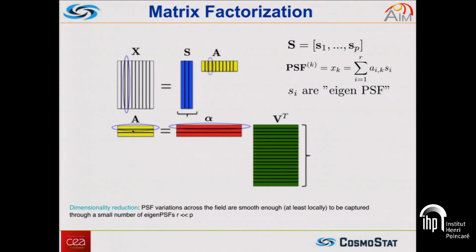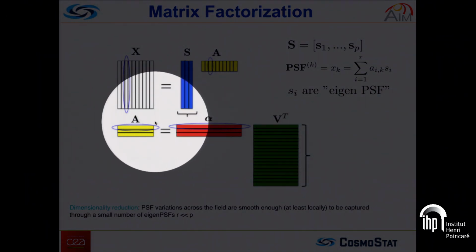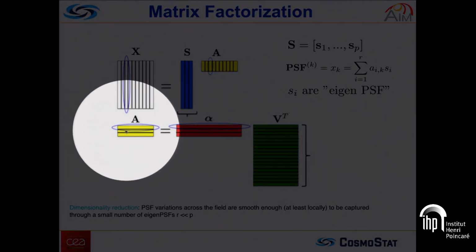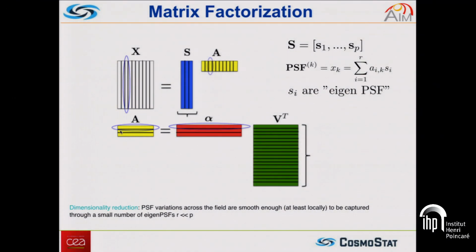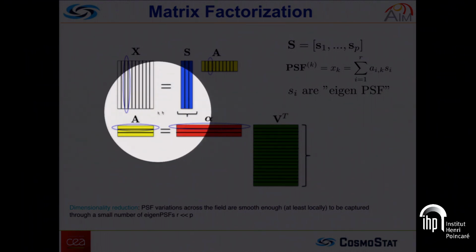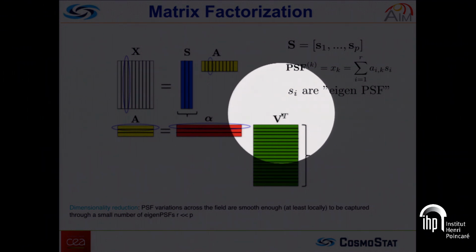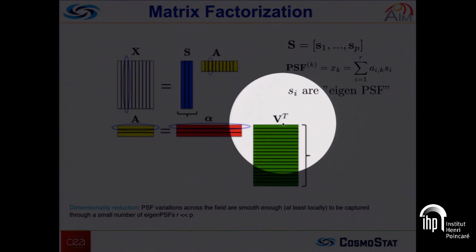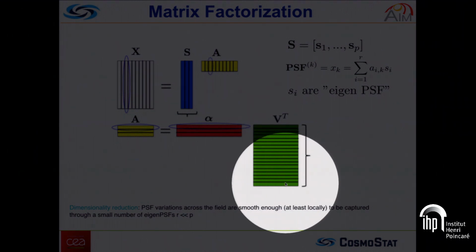So the distribution along a line here will provide information on the smoothness of the PSF field. Doing this, we can again make a matrix factorization using alpha and V transpose. And V transpose here can be seen as a kind of Fourier decomposition, but on the graph of PSFs.